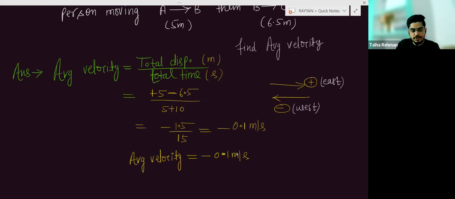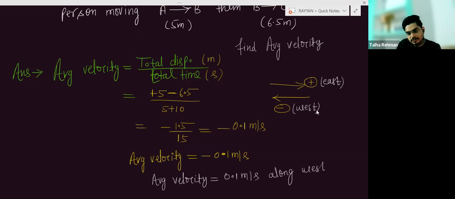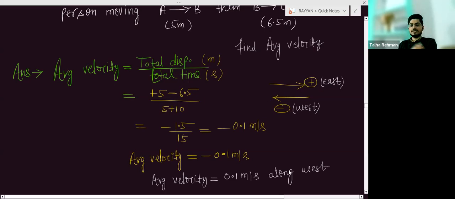What is the meaning of this? The meaning is that the velocity is 0.1 meter per second along west. So this is the final answer.